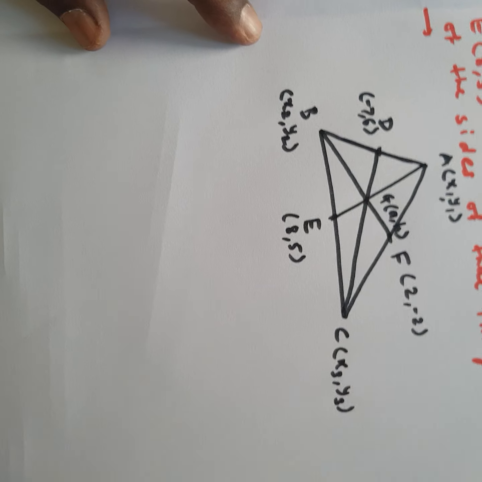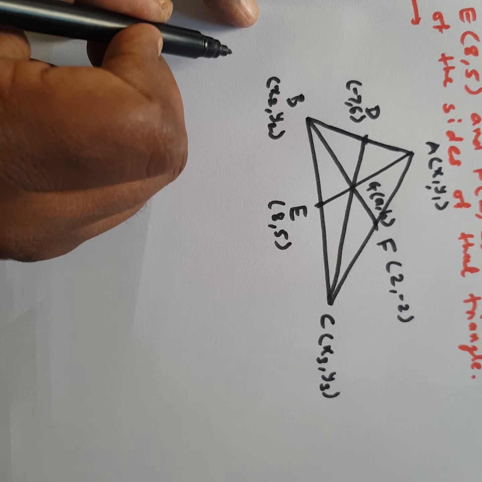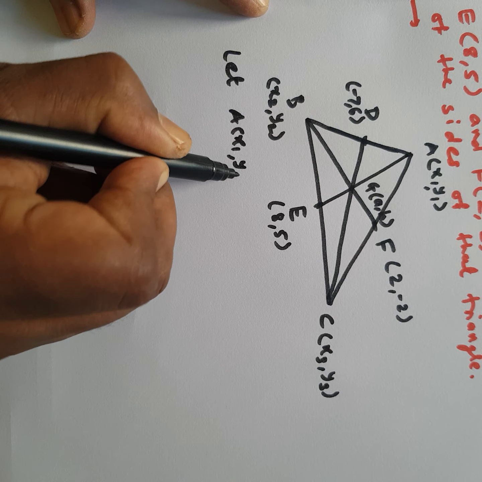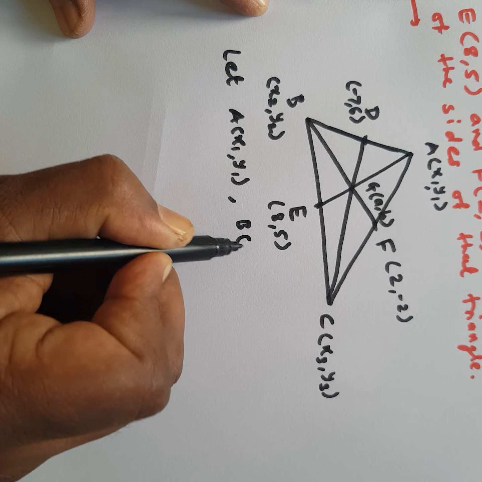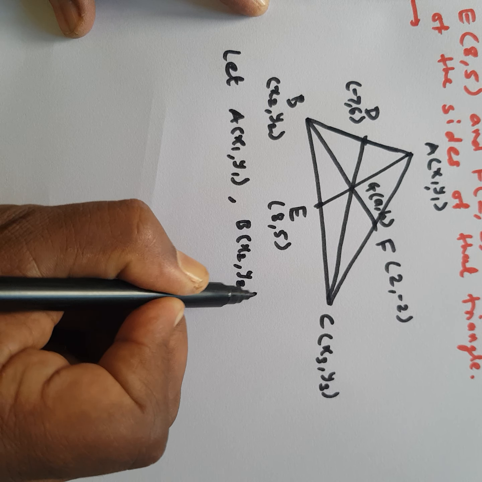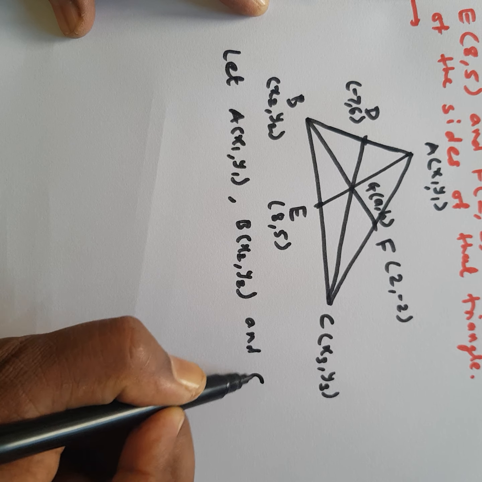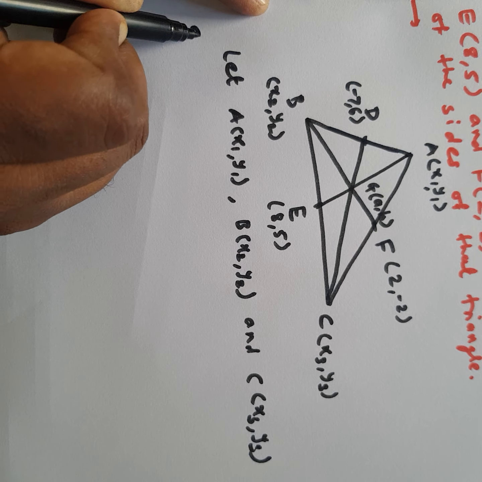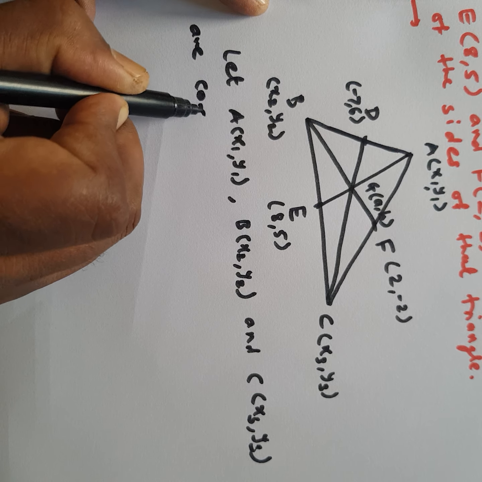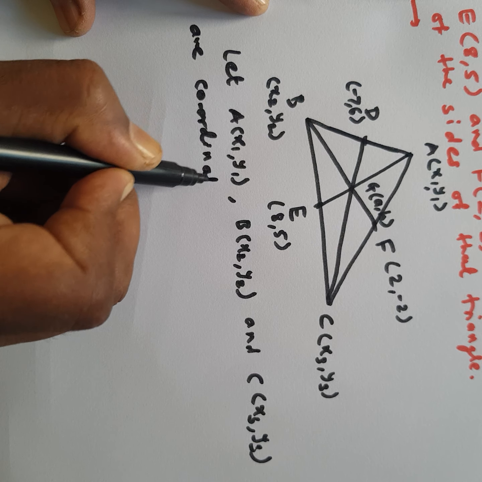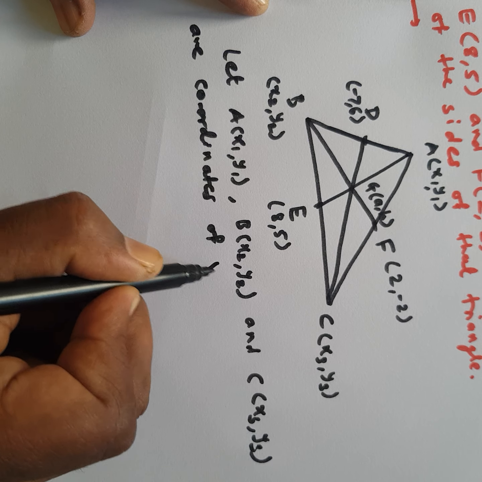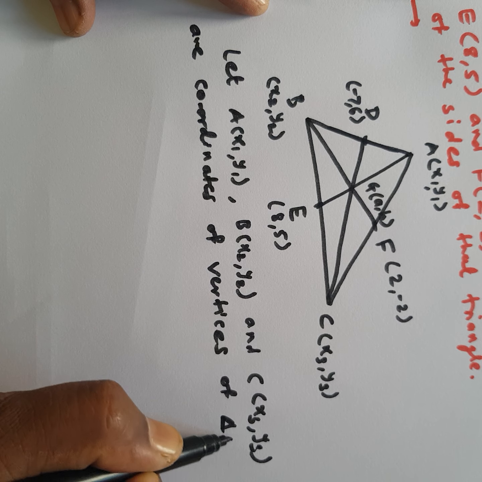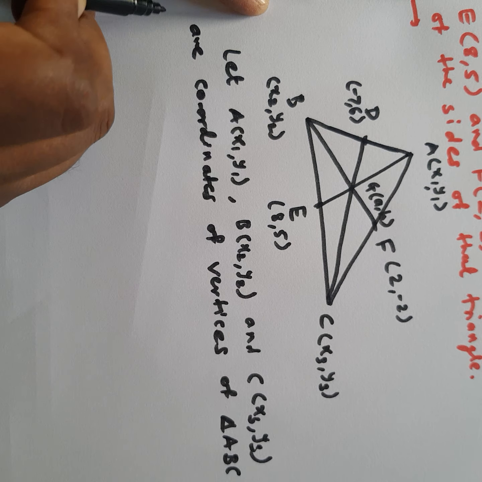Now let A (x1, y1), B (x2, y2) and C (x3, y3) be the coordinates of the vertices of triangle ABC.